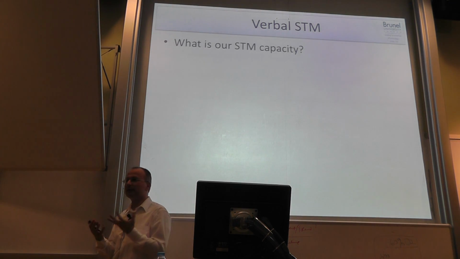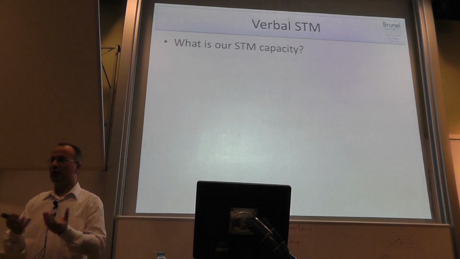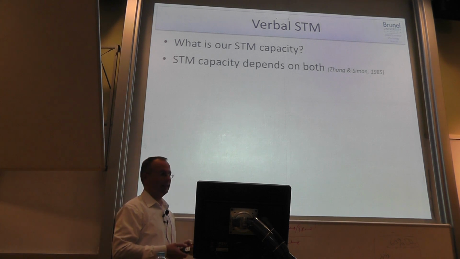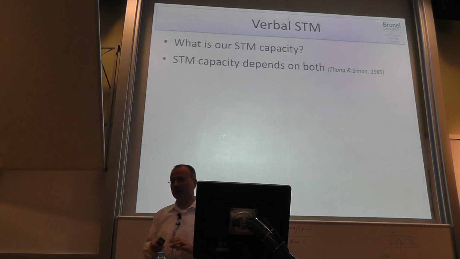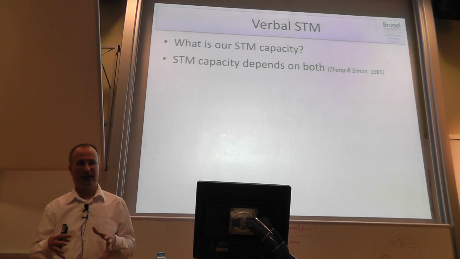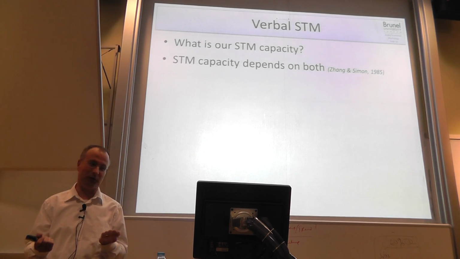However, there are a few studies, not too many, which tried to combine that and put that together. And it has been shown that short-term memory capacity actually depends on both. So both is true and has its merit, if you want to say.